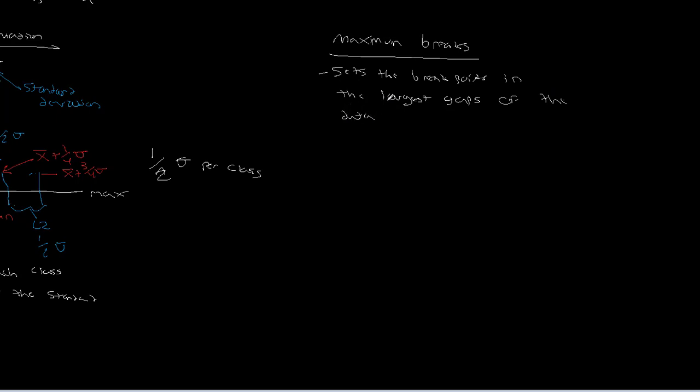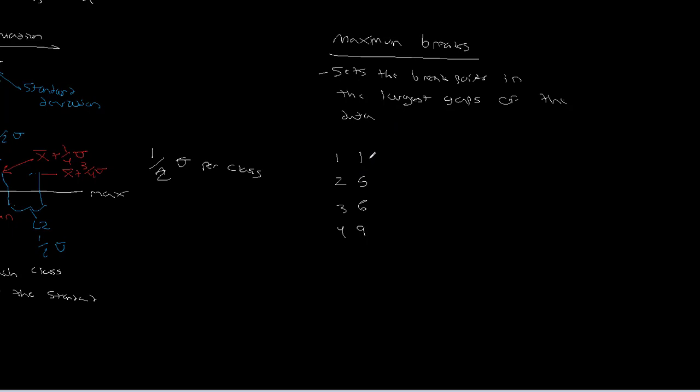The way that this would work is, if we consider each observation, let's say we have 4 observations: 1, 5, 6, and 9. What it's going to do is compare the values of neighboring observations by subtraction, and then put the breakpoints where those values are the largest.